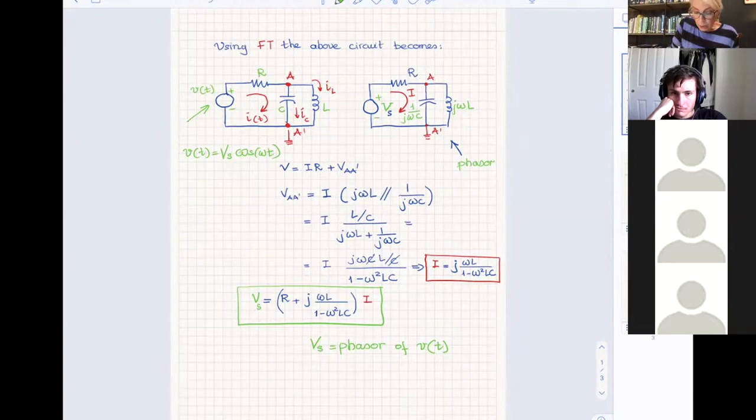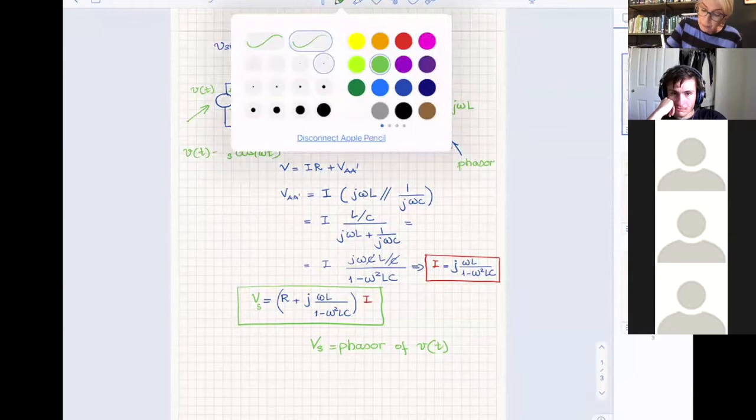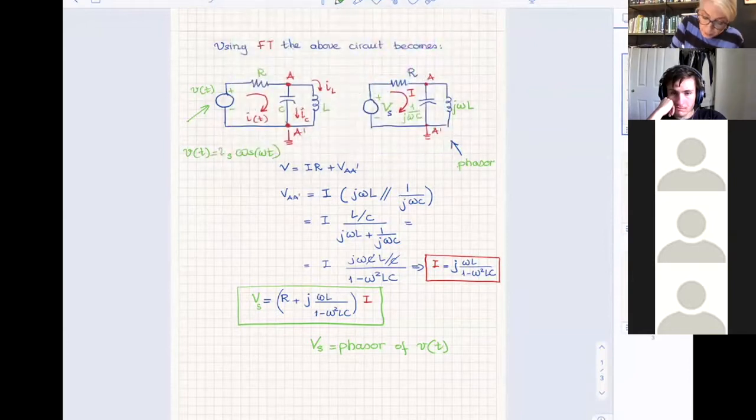And how do we then capture, and to be careful here, I will use a small v for this one. I'll show you why. Okay, and then how are we going to get from here V of t?